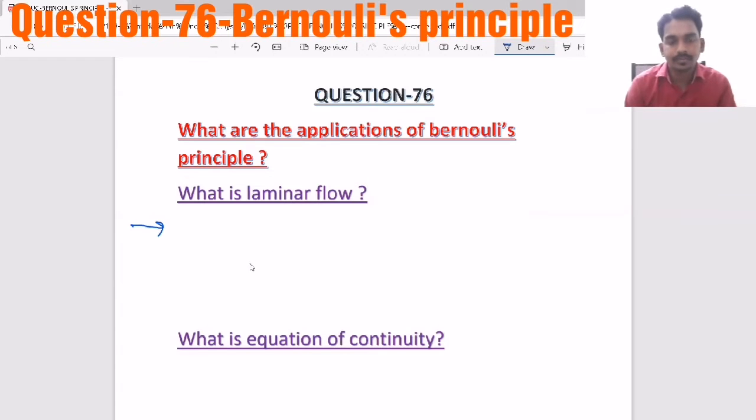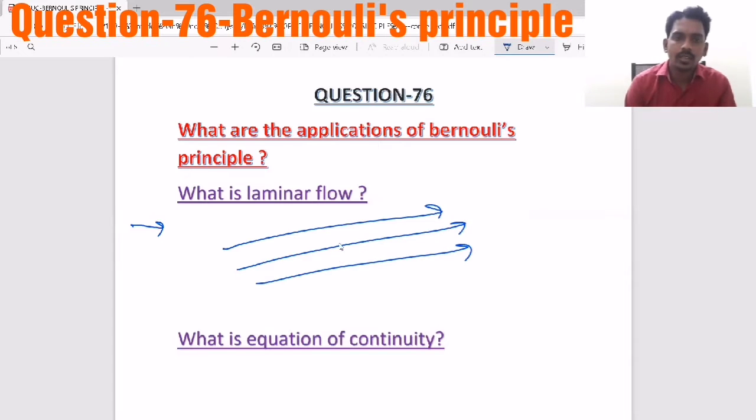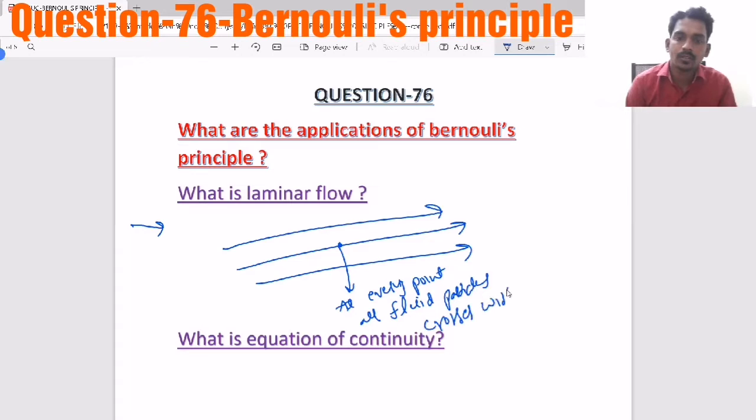Laminar flow means when there is a flow, at every point, all fluid particles cross with the same speed.